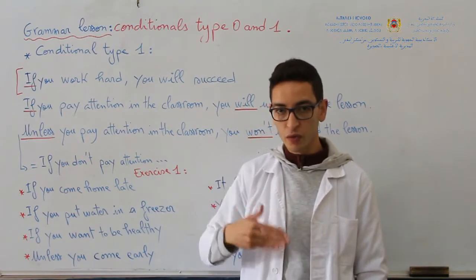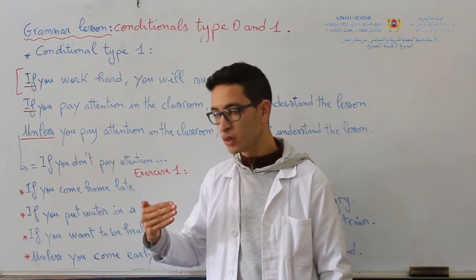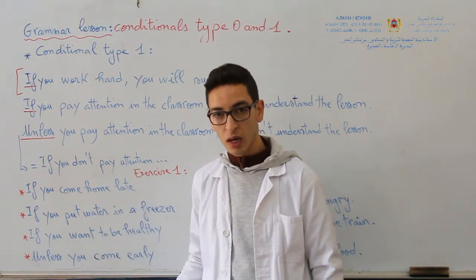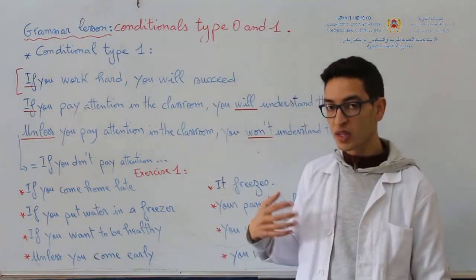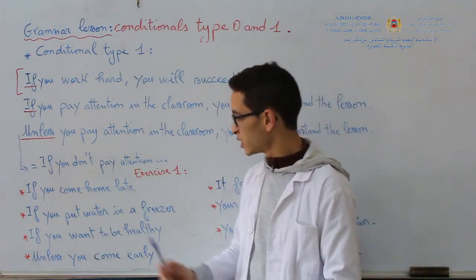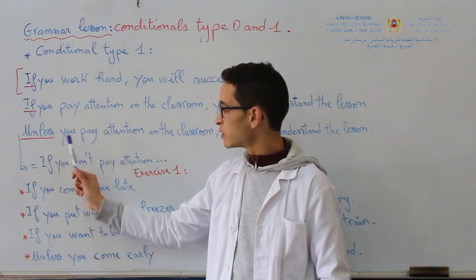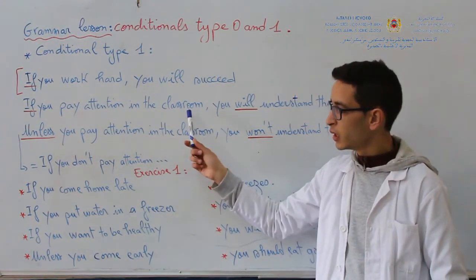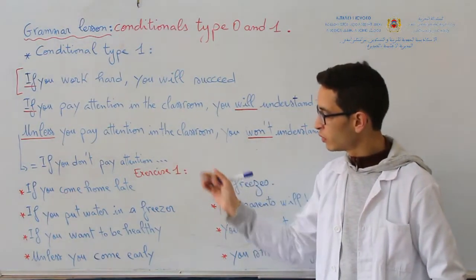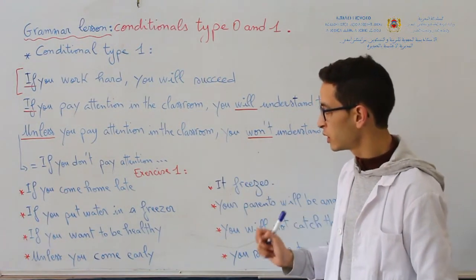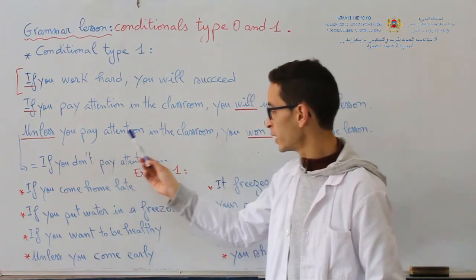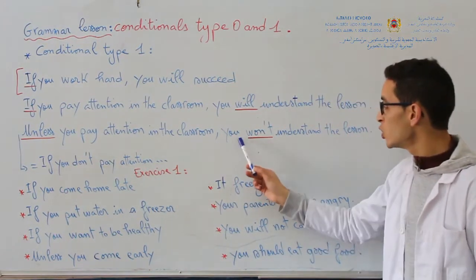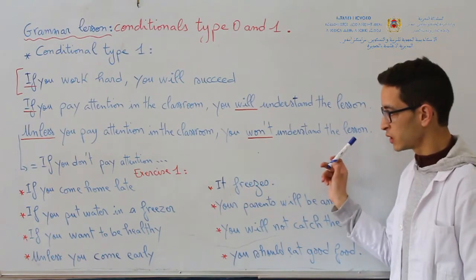So for example, if you don't do something, something else will happen, or something else will not happen. Example here, unless you pay attention in the classroom. As you can see here, it is the same example used just differently. Unless you pay attention in the classroom, you won't understand the lesson.